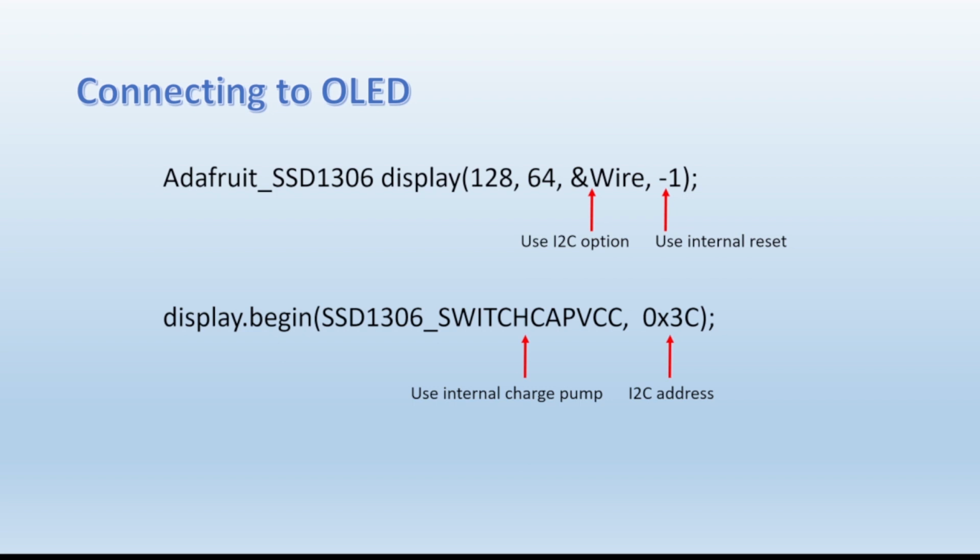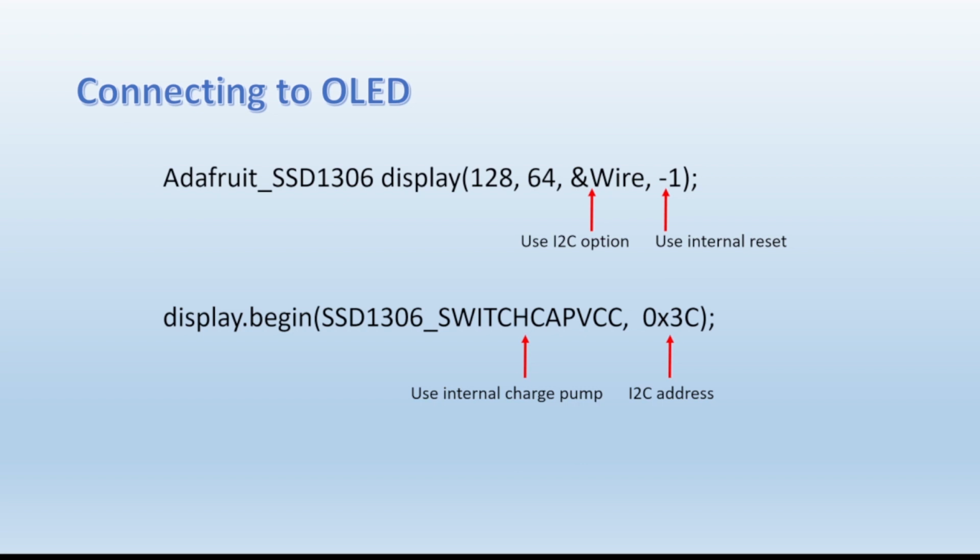And the second line has got two parameters. The last one tells you the I2C address of the OLED. You may know that all I2C devices have different addresses, and 3C is the address of the OLED. And the first parameter in there says that it's using its own internal voltage to supply the actual OLED panel.